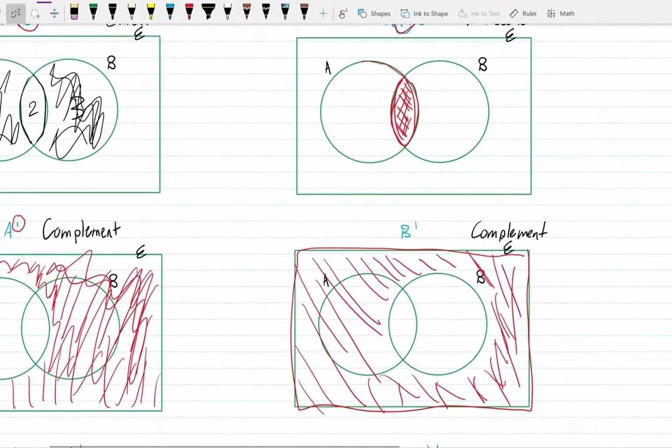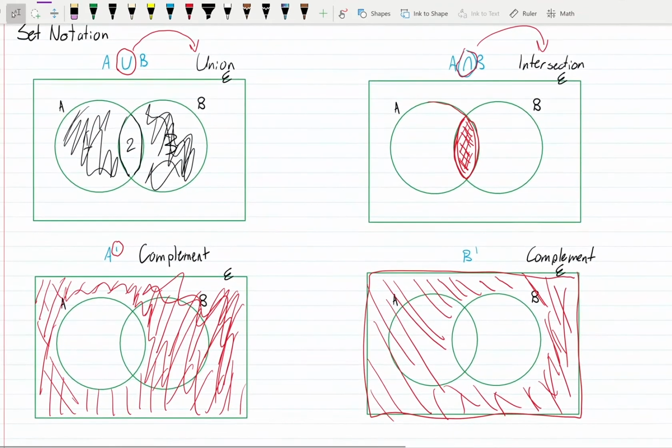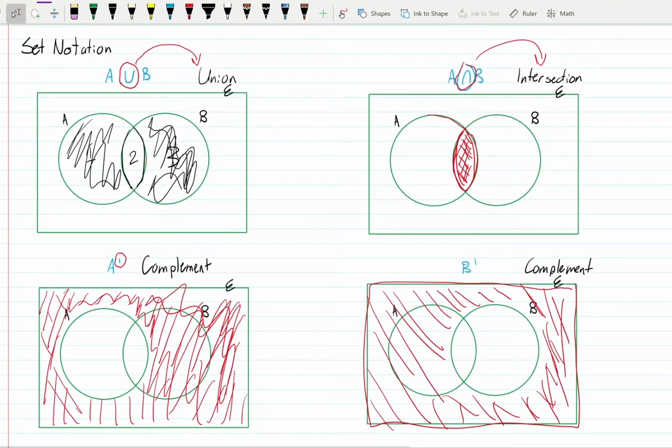So we just zoom out and take a look at everything. We have the union, which represents the region of all the elements in A, in both the intersection of A and B, in just A, and in just B. That's the union. We're just taking all the elements in both A and B, right?